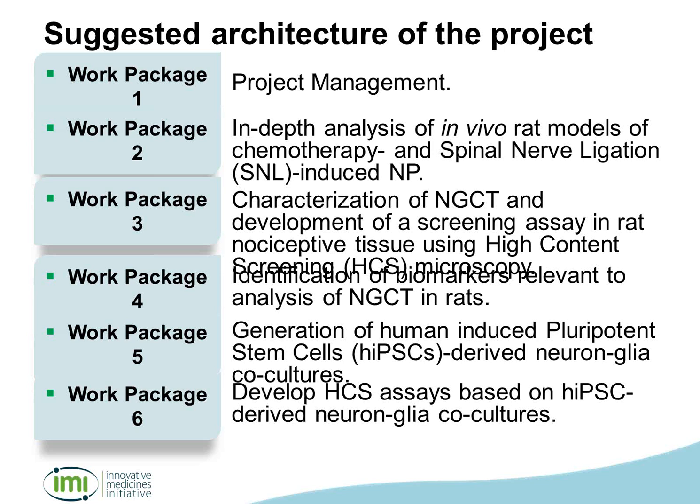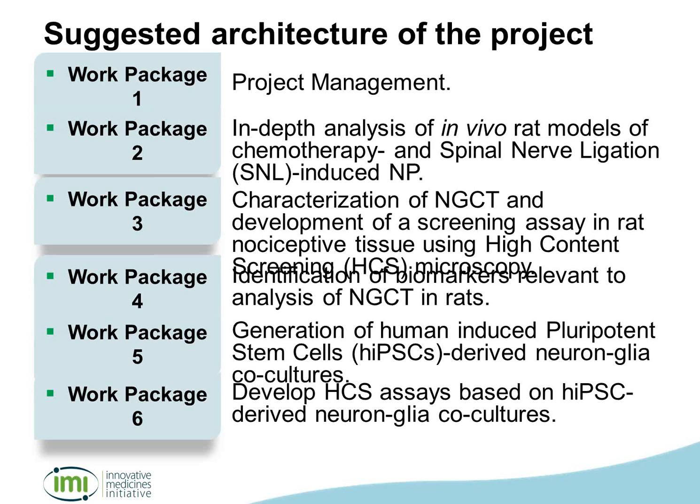It also should include the in vivo part of the project, working with rat models. Again, we decided to focus on chemotherapy and on spinal nerve ligation. There are many other models of neuropathic pain, but again, we should focus.